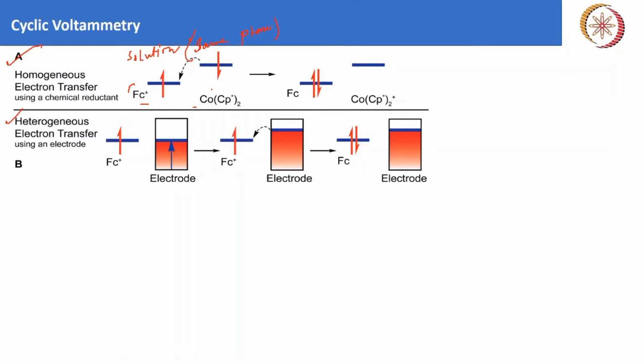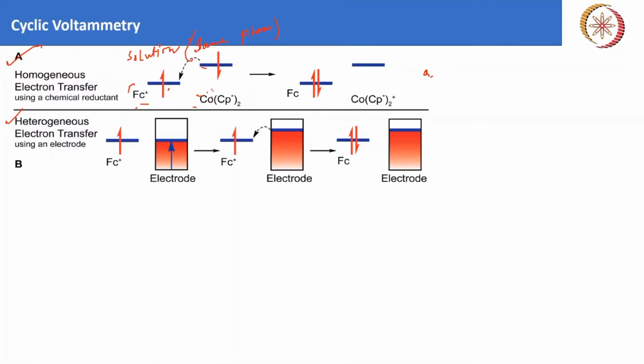If you mix these two, you will see that cobaltocene transfers an electron to the ferrocene and reduces it, and cobaltocene itself is oxidized. Now the question: why is this happening, why can cobaltocene reduce ferrocene when both chemicals are in the same solution?